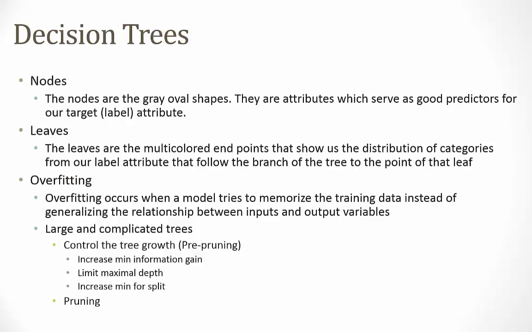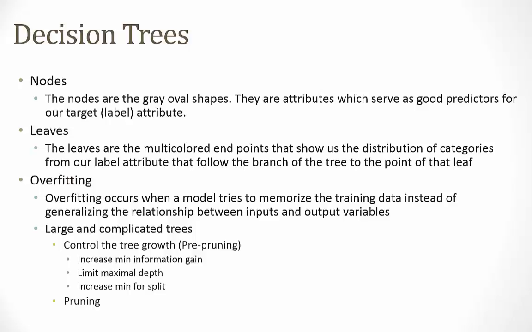A leaf is where a prediction is made about the target variable based on the conditions that the path from the top of the tree, or the stem of the tree, will imply. Also, you can follow the path and come up with some rules of thumb of how these attributes, your independent variables, would affect your outcome or target variable.